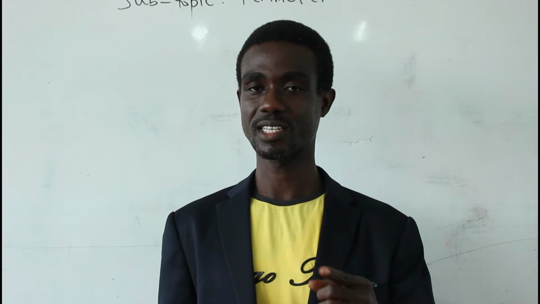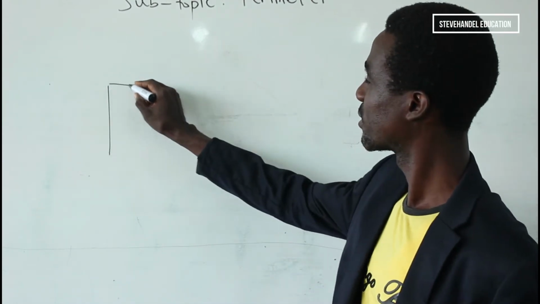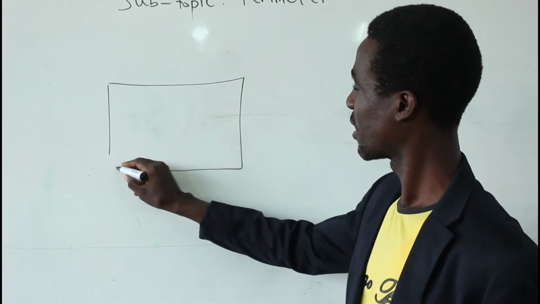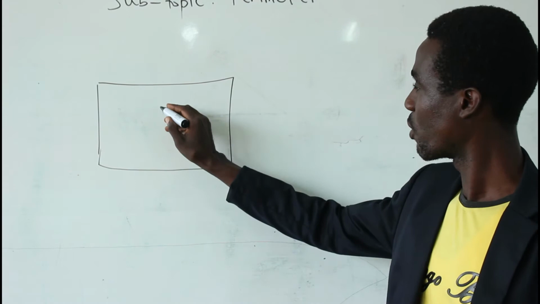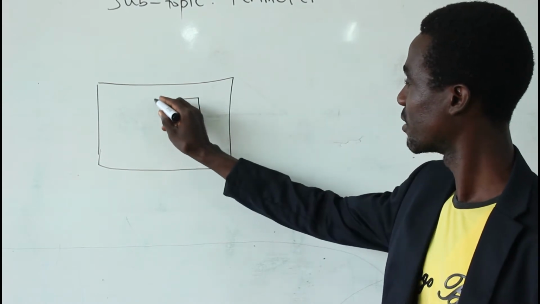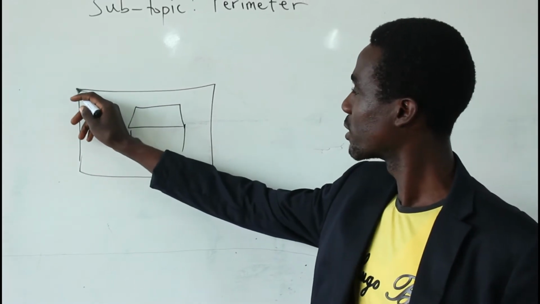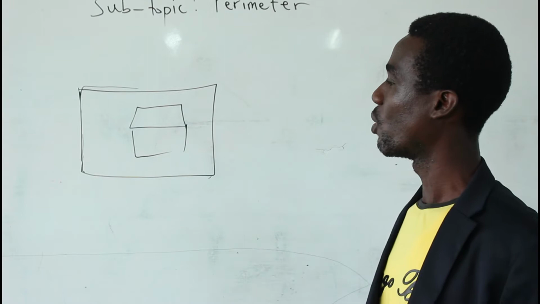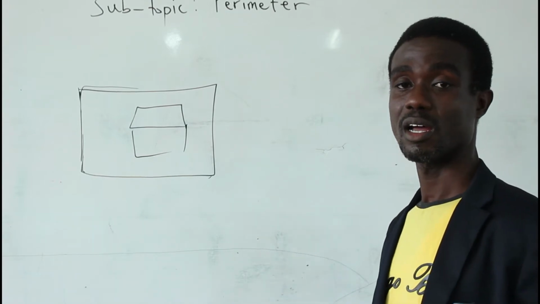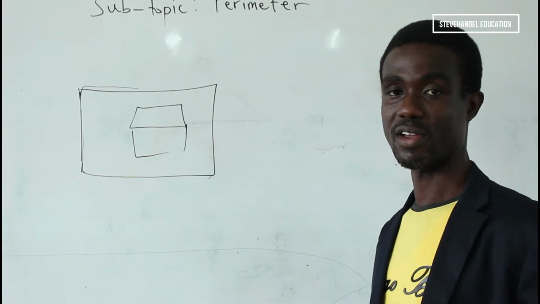Now, let's put this into practice. Supposing this is your fence wall at home, and you have your house inside as this. We want to calculate the distance around the fence wall to get what length of wire your daddy should buy for lighting around the fence.